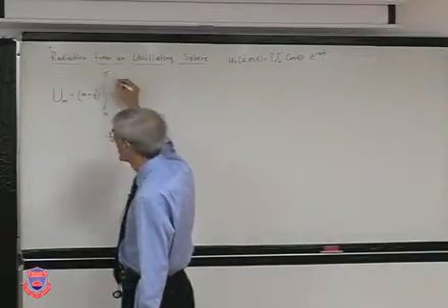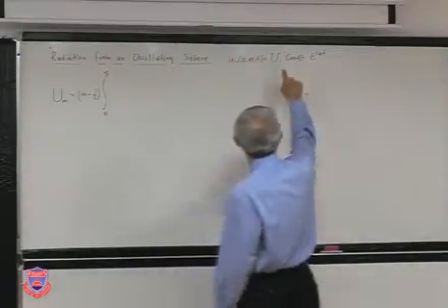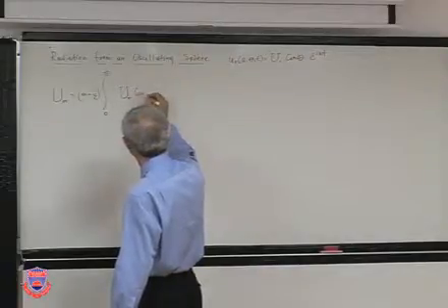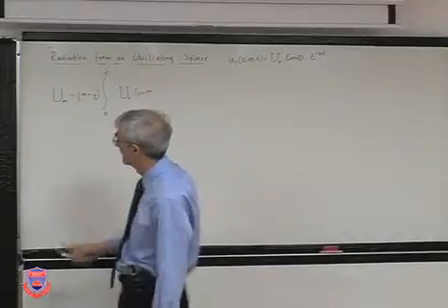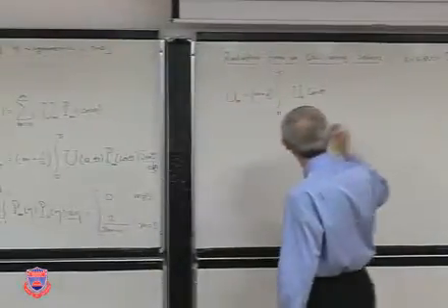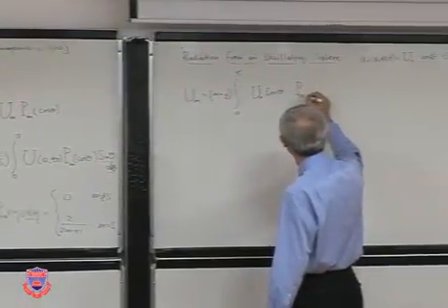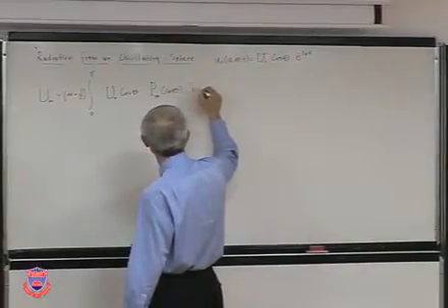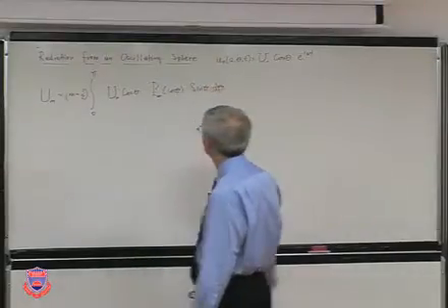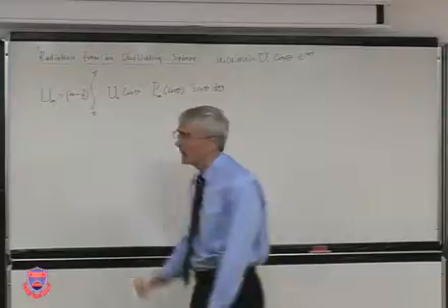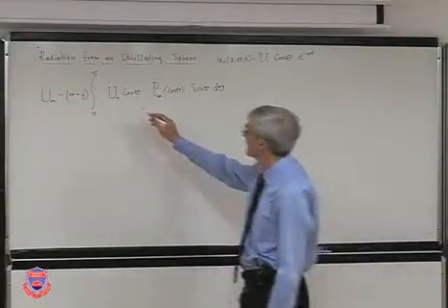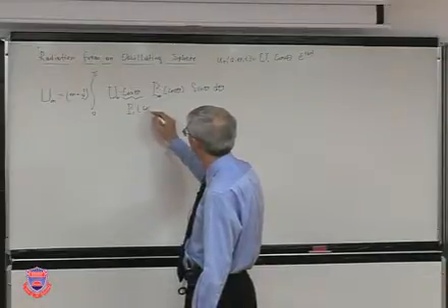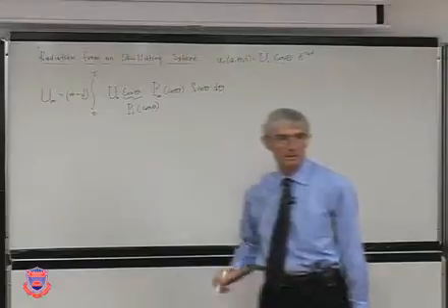0 to pi. Now U of theta is this. So let's put that U0 cosine theta, P_m cosine theta and sine theta d theta. Now, cosine theta is also P1 of cosine theta, correct?